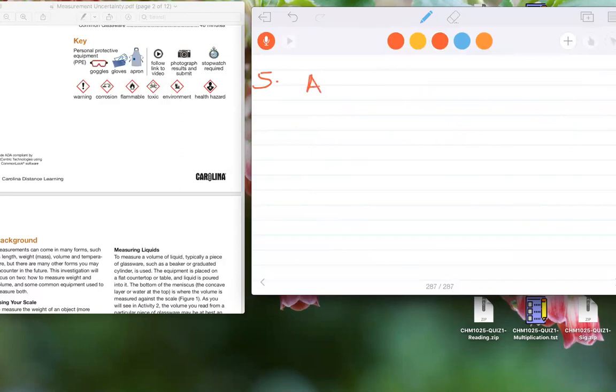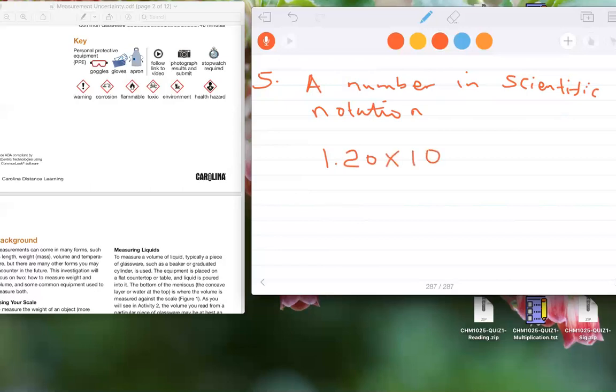If a number is expressed in scientific notation, all the numbers on the left side of the multiplication sign do count as significant.